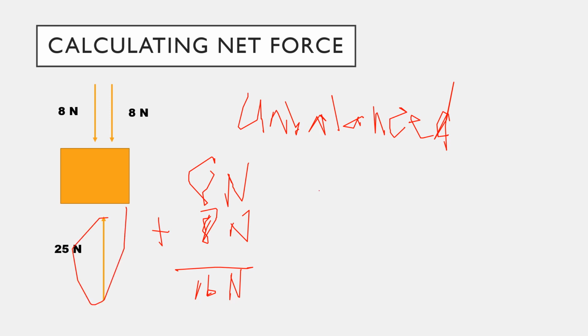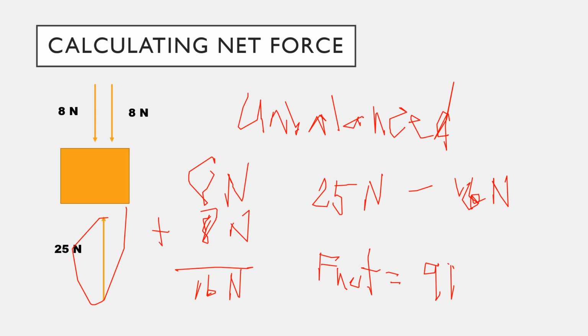Since they are unbalanced forces and they are not in the same direction, you need to subtract 25 Newton minus 16 Newton. And your F net, or your net force, is equivalent to 25 minus 16. That is what? 9 Newton.